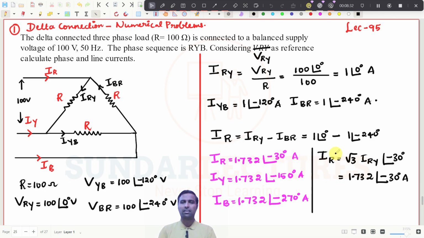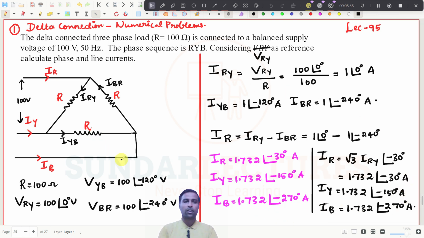That is very tough, but if you do it like this, it will be very easy. So if you know one value, you can simply write 1.732 at an angle of minus 150 degrees amperes, and then IB will be 1.732 at an angle of minus 120 from here, so 270 degrees amperes, right?